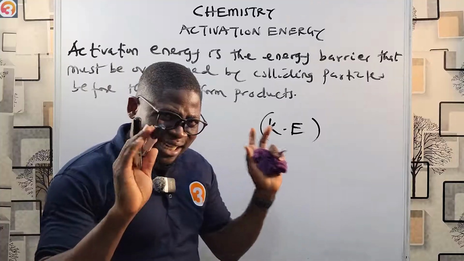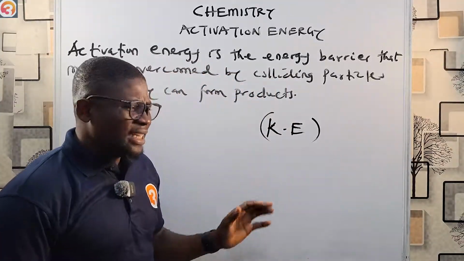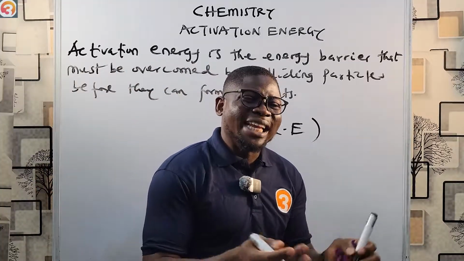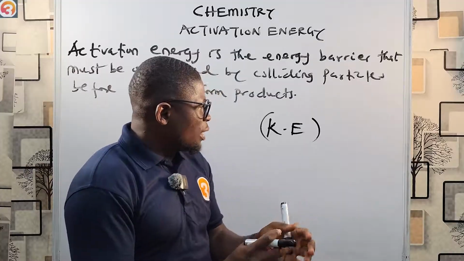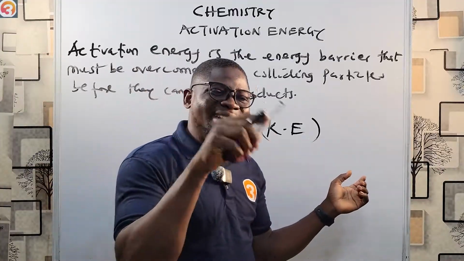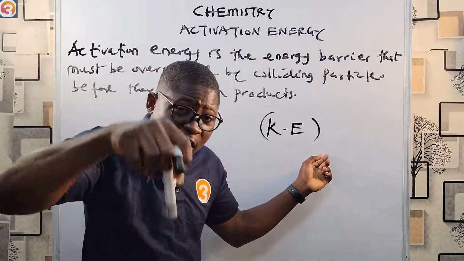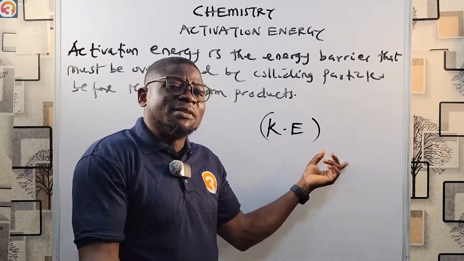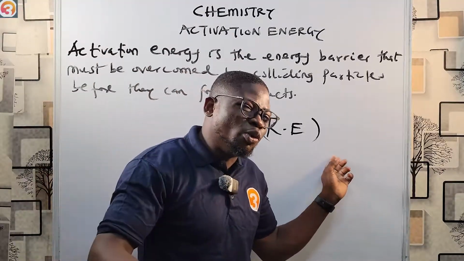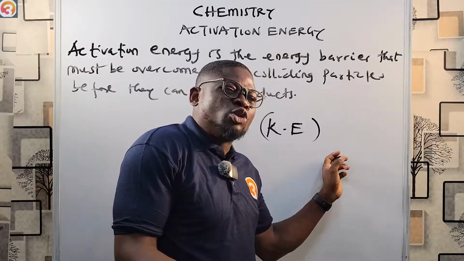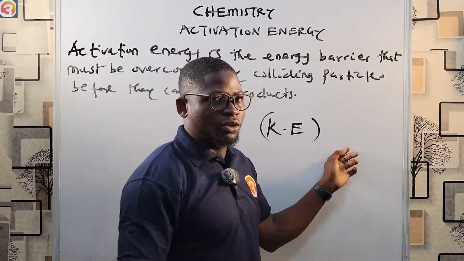So you must get it clear. I'm trying to drive a point home. I'm saying that when particles collide, before the reaction actually takes place, their kinetic energy usually increases until it is sufficient enough to drive them into a successful reaction and product formation.